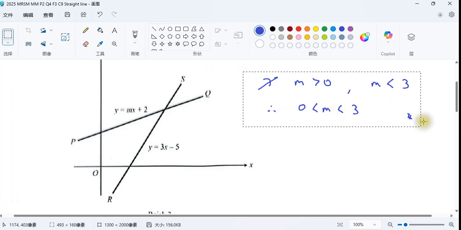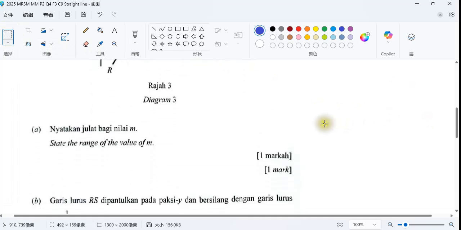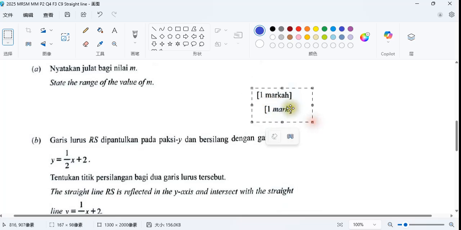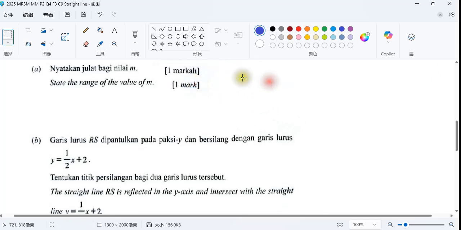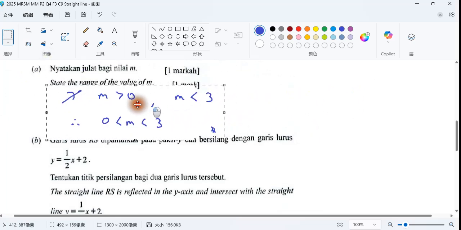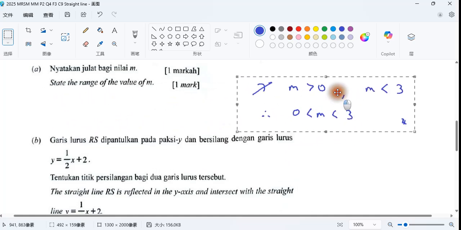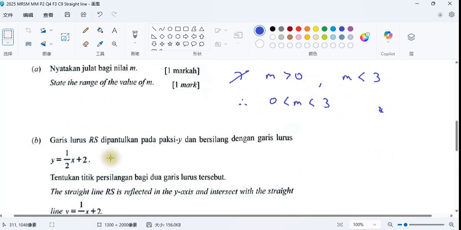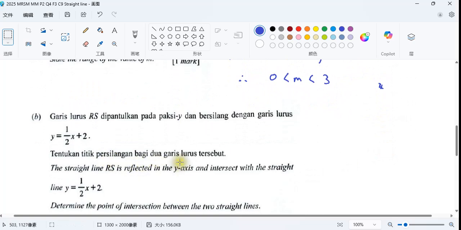And then next, part 2. The straight line RS, reflected in the y-axis, intersects the straight line y equals half x plus 2.